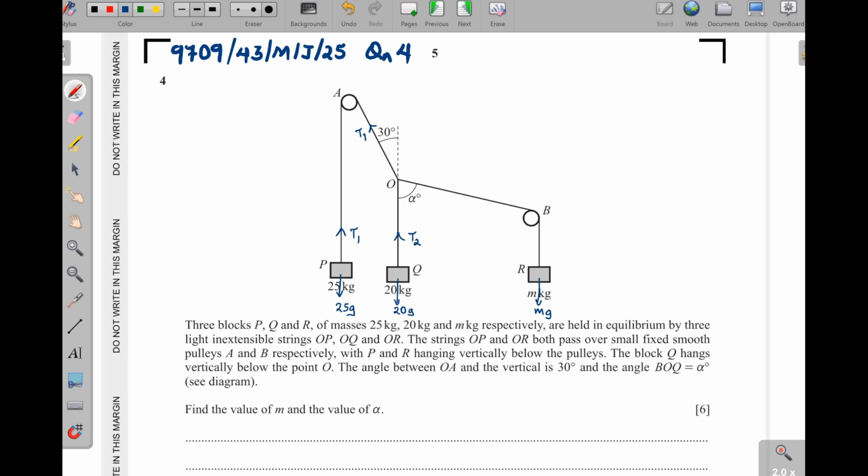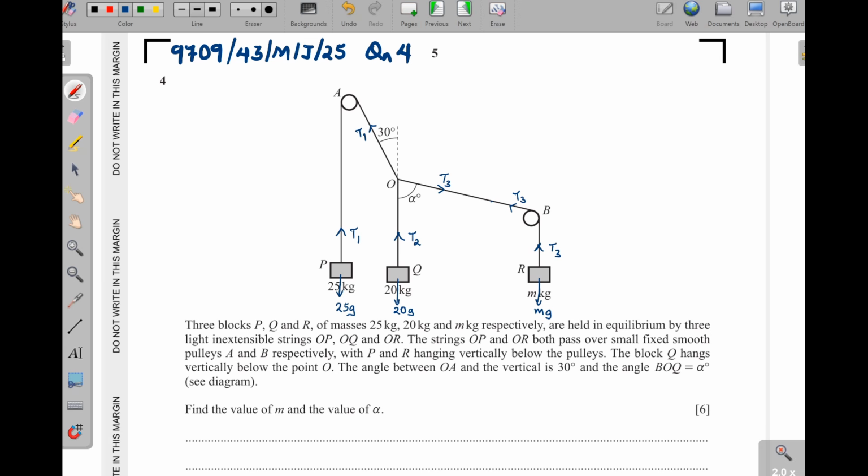And this is another string connecting here, so that one can be a T3. So we have T3, and it is the same string that pulls down with the same tension T3 there.